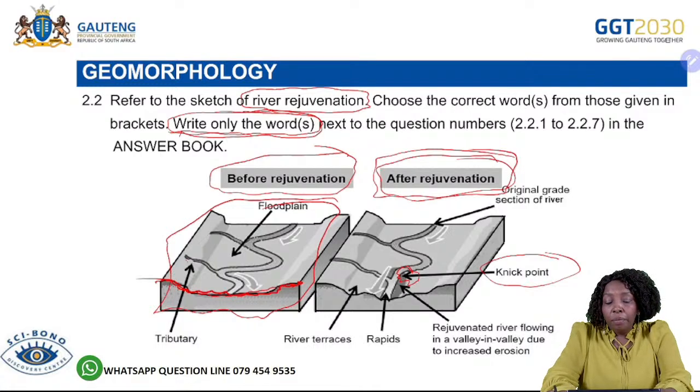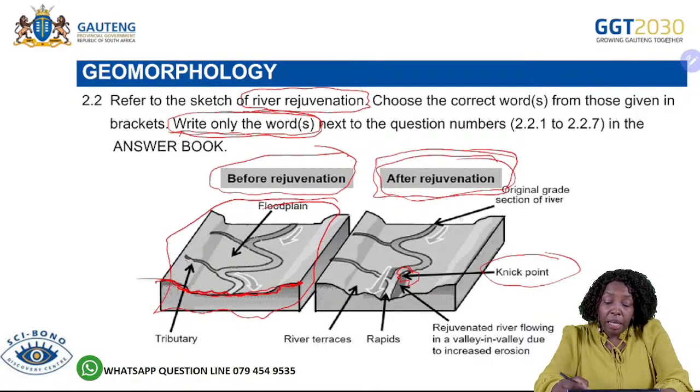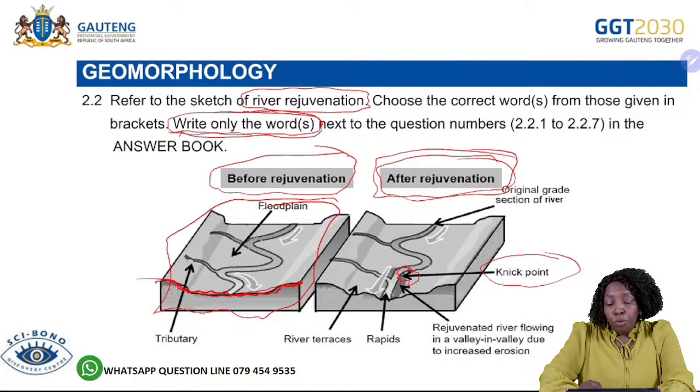And then it may not be clear to see that unevenness, because the diagram that you are looking at is a top view. It's a two-dimensional view of this. But to answer some of the questions, you must answer them as if you are standing in front of the river.